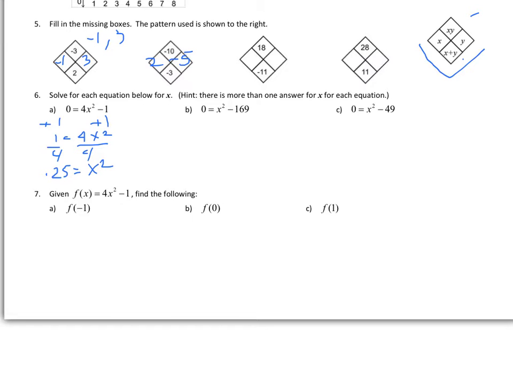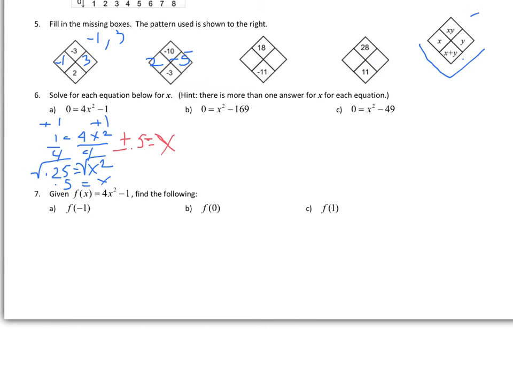So that means that the square root of 0.25 equals x. That's 0.5 equals x. But since negative 0.5 times negative 0.5 also equals 0.25, we would say plus or minus 0.5 equals x. Sorry, that's not a very pretty x.